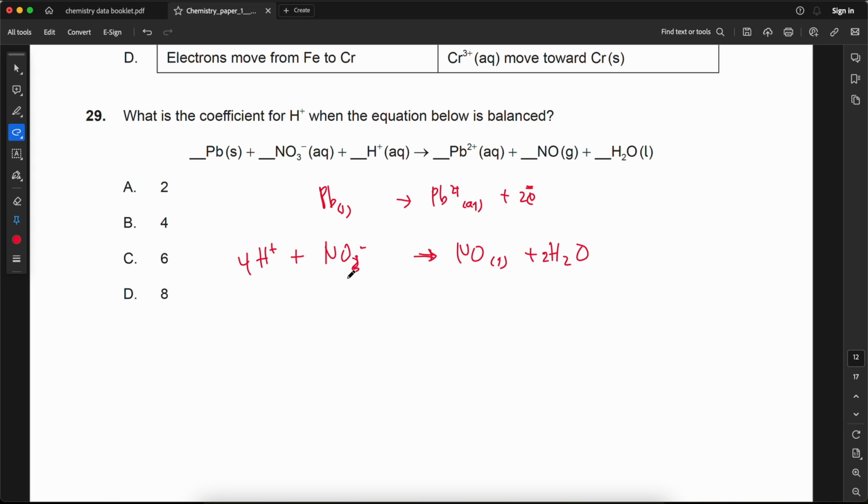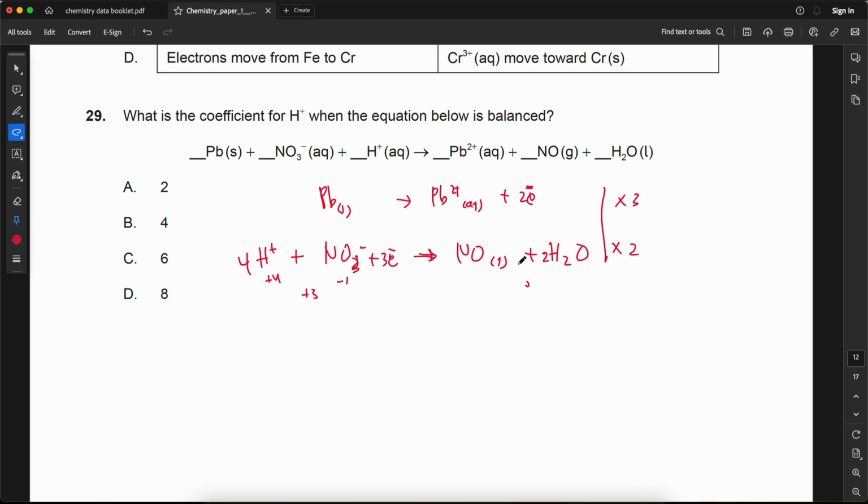Now we see the charge. Here is negative 1, here is plus 4, so the charge is plus 3. There is no charge here, 0. So we need to make it 0 here by adding 3 electrons: negative 3 plus 3 becomes 0. So now it's balanced. But the first one has 2 electrons and the second one has 3 electrons, so we need to multiply by 3 and by 2.